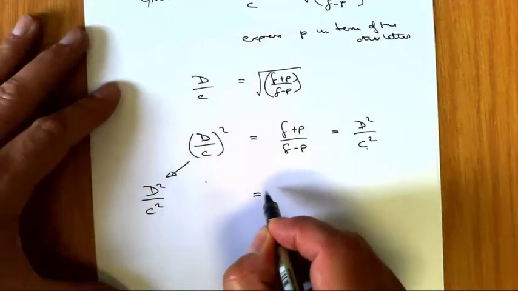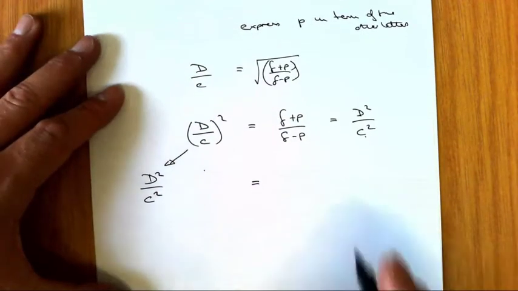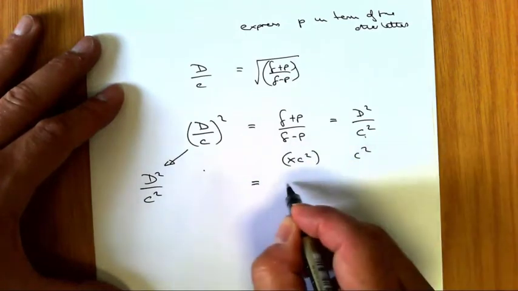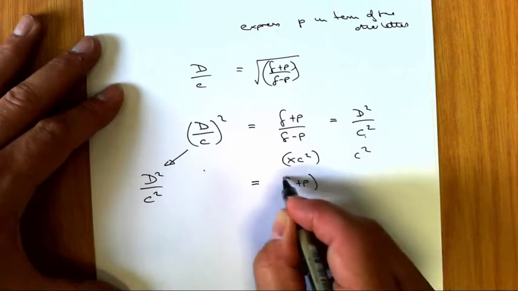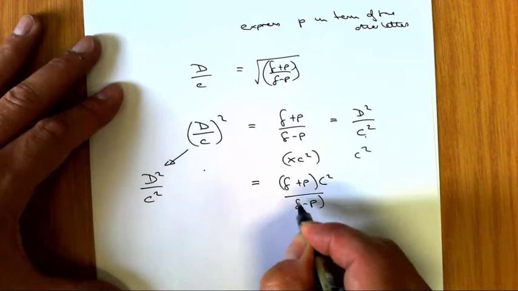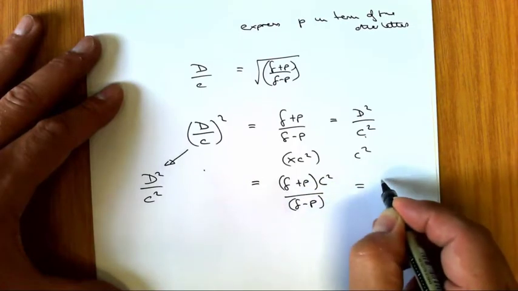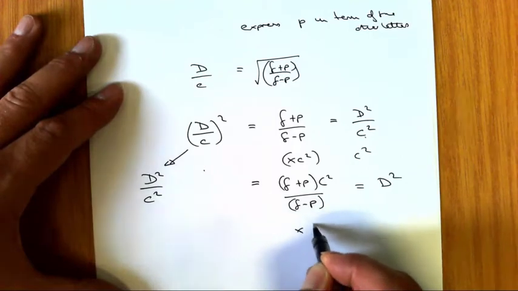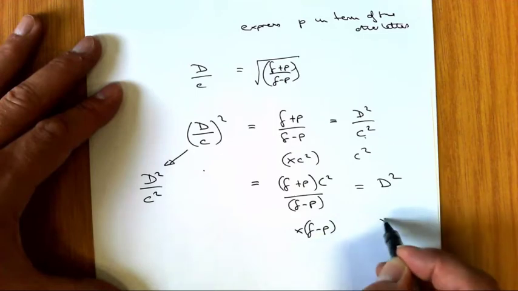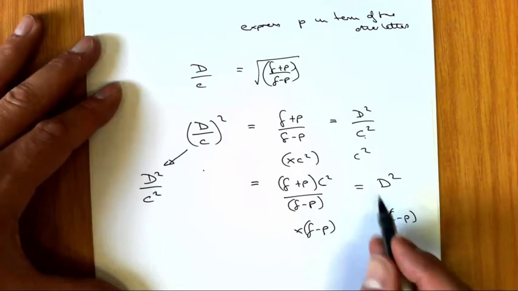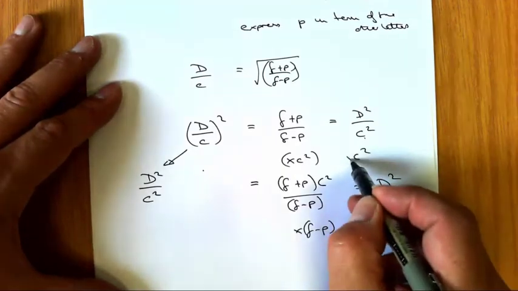So if we take that in stepwise, if we times both sides by c squared, we end up with f plus p, c squared over f minus p equals d squared, and if we times by f minus p, the reason I'm writing it twice here is to remind myself that I'm doing it to both sides, not just to one side.